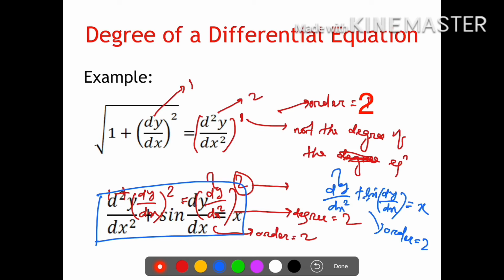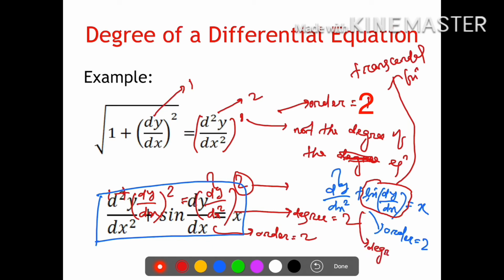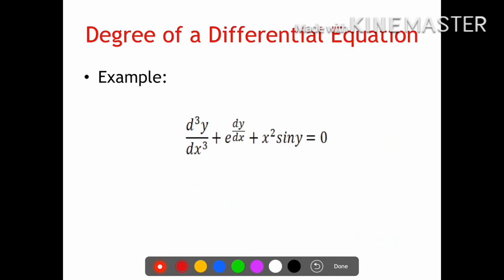Can it be expressed in polynomial form? No. Why? Because sin(dy/dx) is a transcendental function, so it cannot be expressed in polynomial form. That is why the degree of this differential equation is undefined.